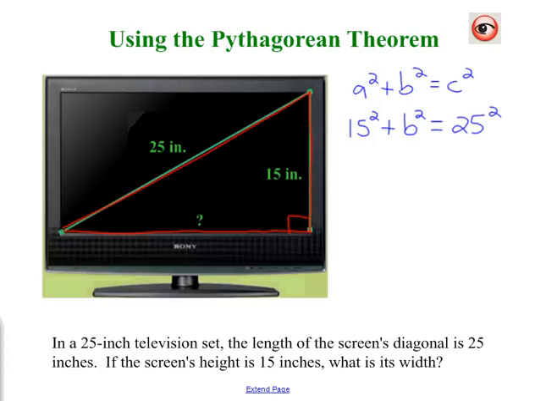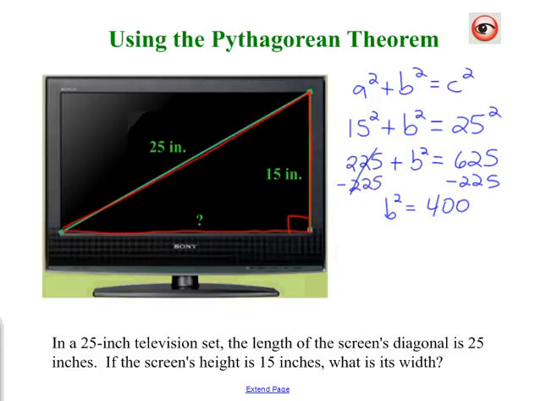You may choose to start out by squaring 15 to 225 and squaring 25 to 625. The next step would be to subtract 225 from both sides of the equation. This results in b squared equaling 400. Now to solve for b, we have to take the square root of both sides of the equation.